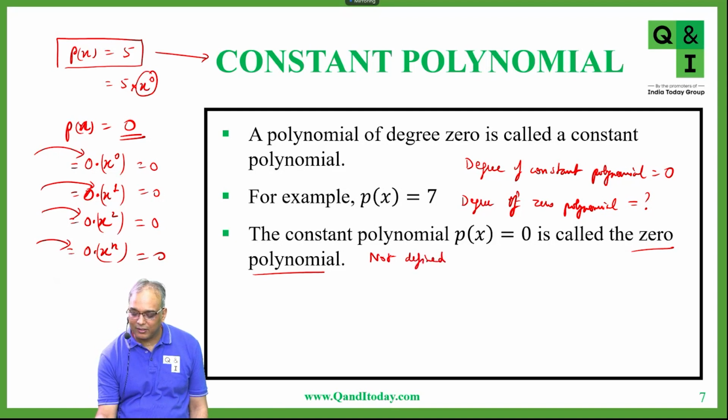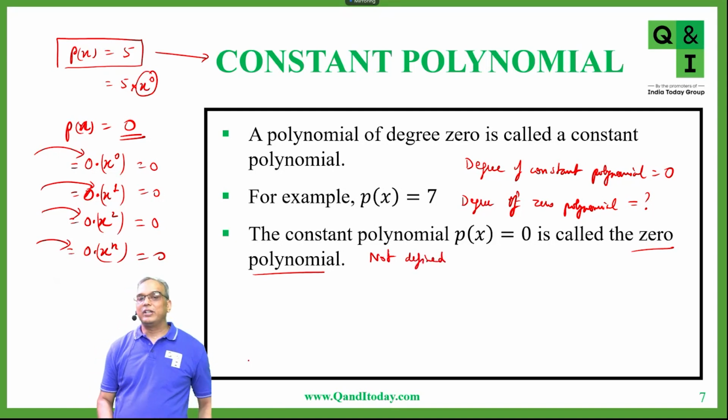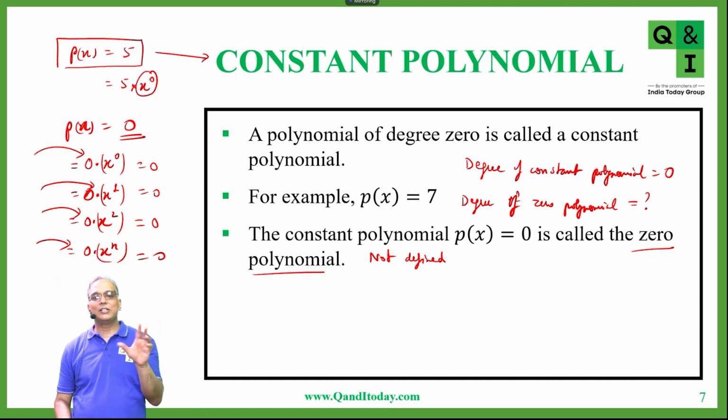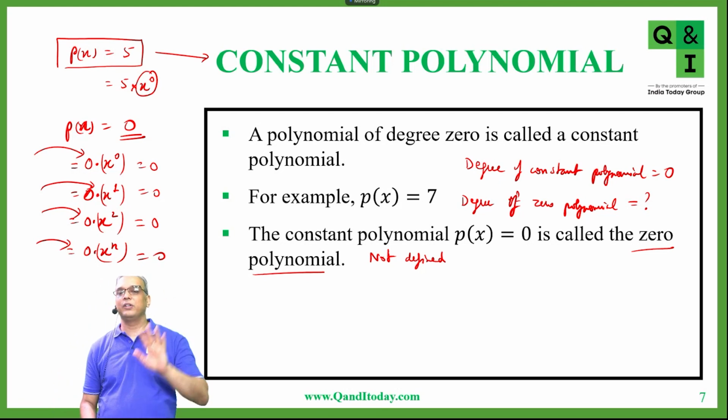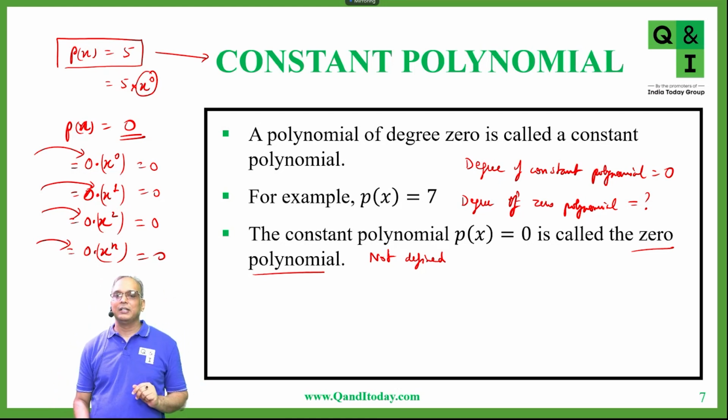Very good. So the degree of a constant polynomial is zero. That is fine. But the degree of a zero polynomial is not defined because a zero polynomial can have any power of x. Because 0 multiplied by any power of x is going to give you 0 only, that is the zero polynomial. So because the power of x is not defined, the degree is also not defined for a zero polynomial.